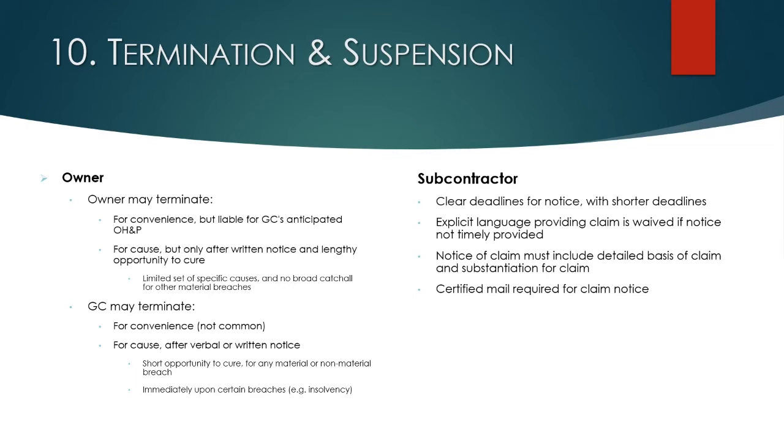You don't want to give the owner a long opportunity to cure. When the owner's doing something wrong and you're ready to terminate, you're ready to get out now. So don't allow a lengthy cure time for the owner. And then there are some defaults, some reasons why you would want to be able to terminate immediately. If the owner is insolvent is just one example. There's no reason for you to wait or to allow a cure period when it just doesn't make sense.